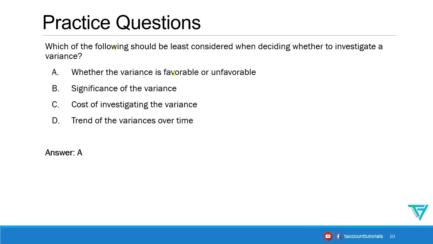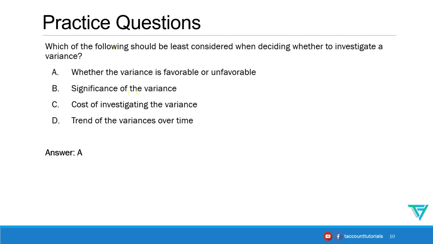Again, we discussed earlier that whether the variances result in favorable or unfavorable does not affect management's decision whether to investigate it or not, because both favorable and unfavorable variances should be investigated by management to maximize economy, effectiveness and efficiency in its production line. Now, why are the three other choices not correct?